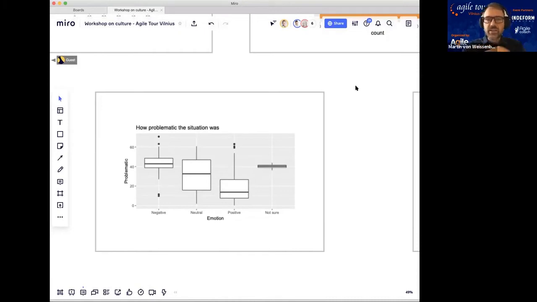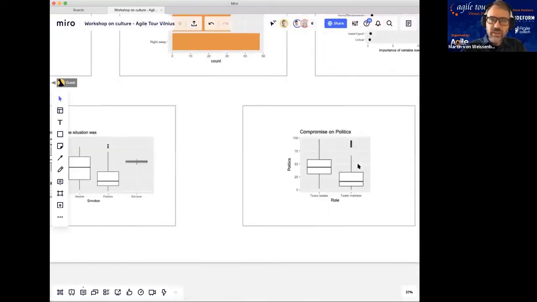So problematic decisions tend to be seen as negative generally, while non-problematic ones are seen more as positive. This is a strong correlation. You can see there's no overlap, actually a large gap between the bottom of the negative and the top of the positive. So we can say that with high significance.